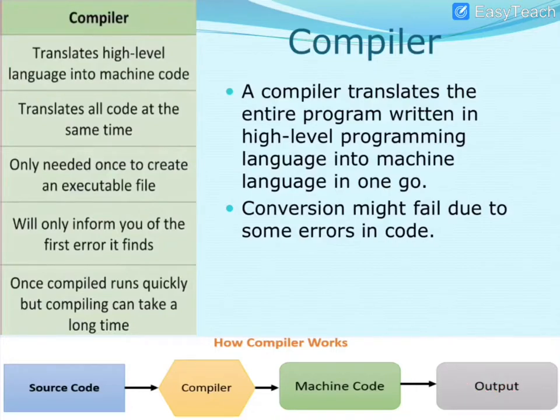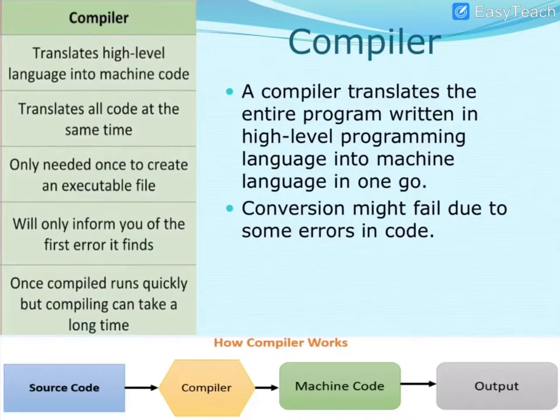Now the instructions could be anything. It could be adding 2 and 2 or writing something. Various programs are actually a set of instructions, and all these instructions are followed by the computer, and then you get your desired output.